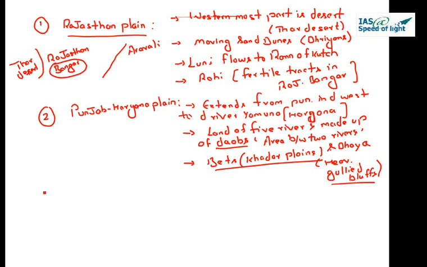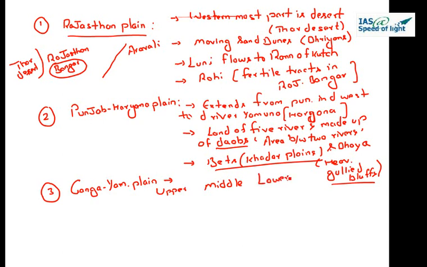We come to the third plain which is the Ganga Yamuna plain. There are three divisions to that. We saw the upper Ganga plain, the middle Ganga plain and the lower Ganga plain.